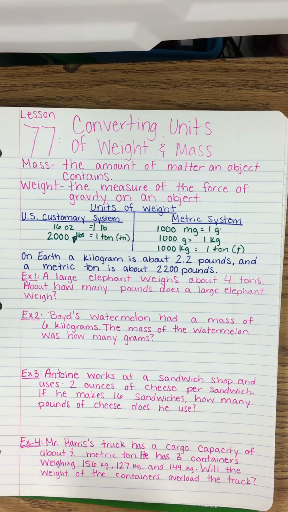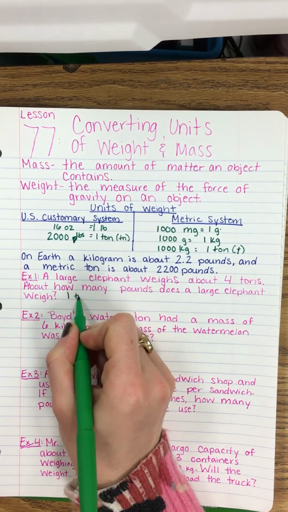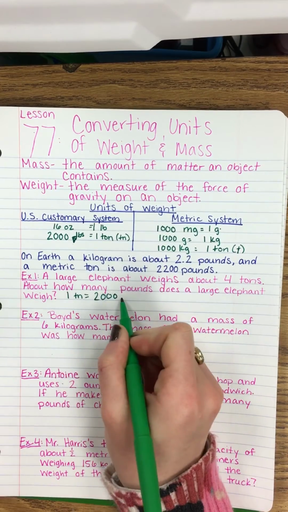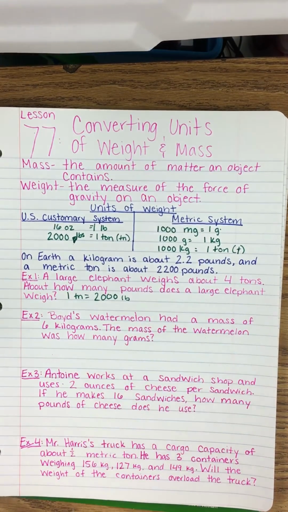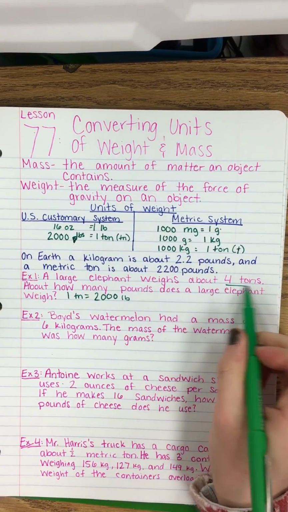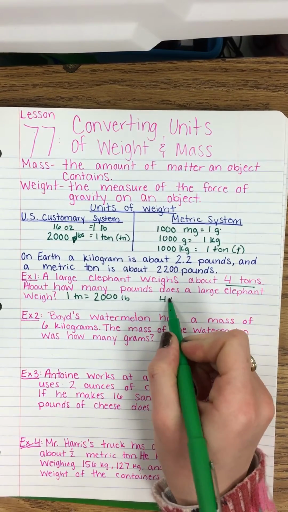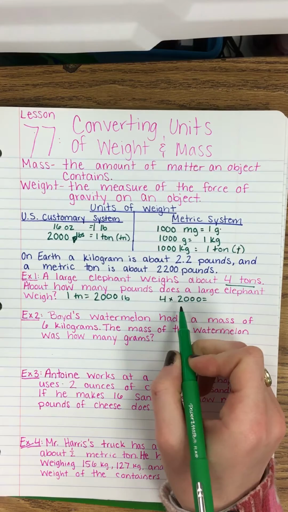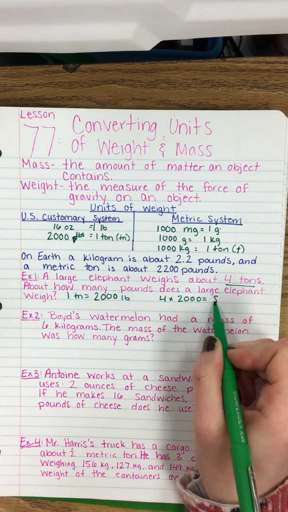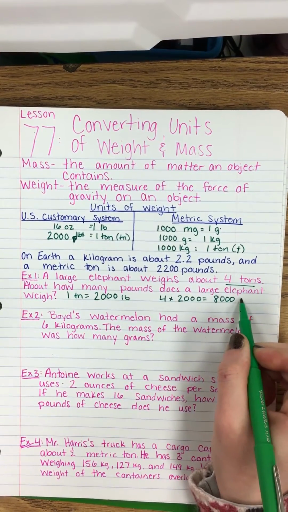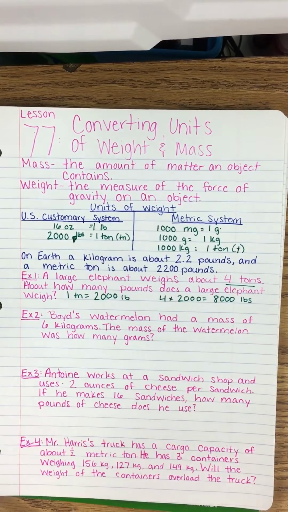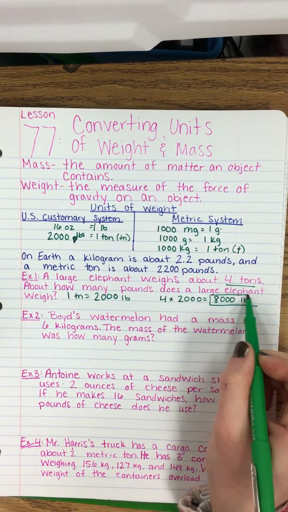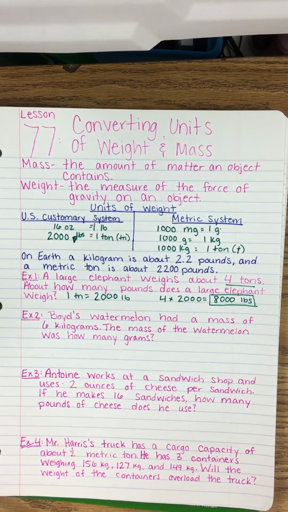So 1 ton equals 2,000 pounds, and they weigh 4 tons. So 4 times 2,000 pounds equals 2, 4, 6, 8,000 pounds. So 8,000 pounds is about how much a large elephant weighs.